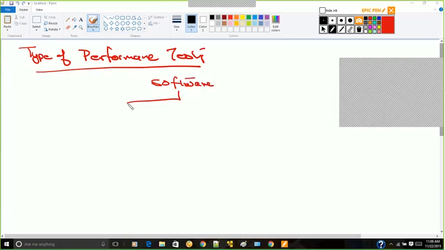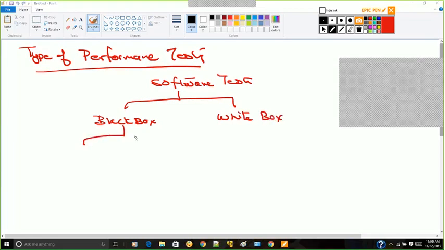Software testing can be divided into two things. What are the two things? We can say black box and we can say white box. Now, black box again can be divided into two. It's called functional and non-functional.